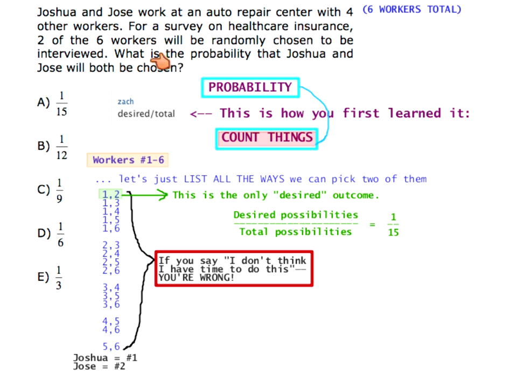I mean, you have to just say 2 of them will be chosen to be interviewed. So just asking yourself doesn't matter, right? If you choose people number 1 and 2, if you choose Joshua and Jose to be interviewed, ask yourself whether that's different from choosing Jose and Joshua to be interviewed. I mean, it's not different. It's common sense decision, right? So that's why you don't have to count it again.